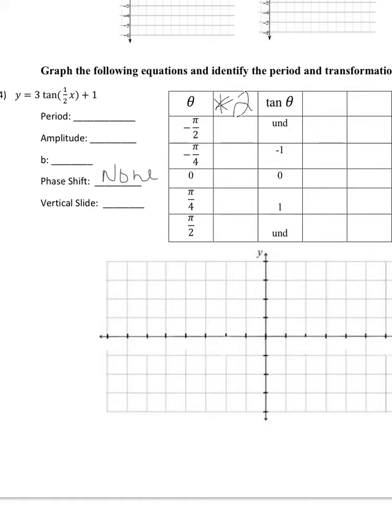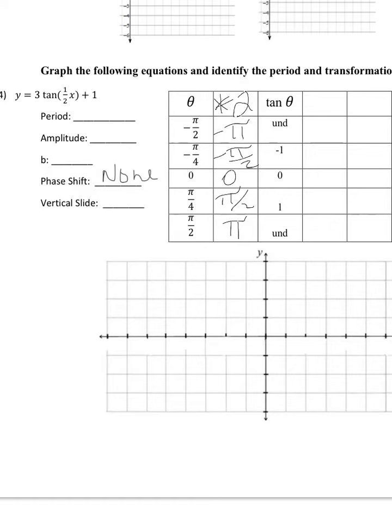Okay, so when we multiply all of these angles by 2, we get negative pi over 2, 0, pi over 2, and pi. So this is going to be our new angle. So one of the questions we have to fill in over here on the left is the period.